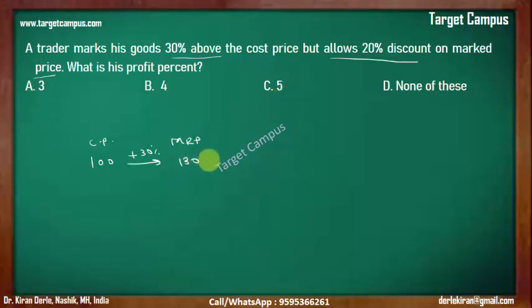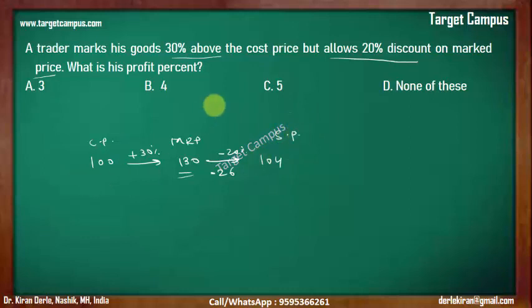But he allows a discount of 20%. The discount is on MRP and not on cost price, so make this very clear. So 20% discount on mark price: 20% of 130 is 26. So 130 minus 26 is 104. And now he sold.